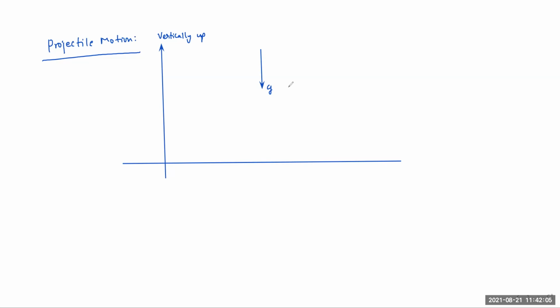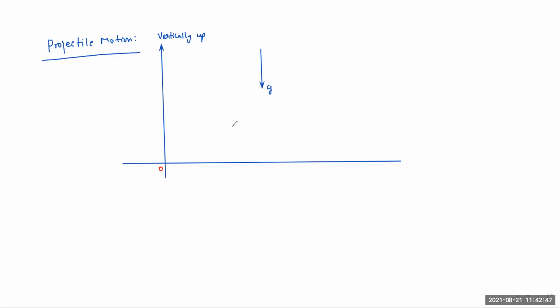If that condition is met, then the path described by the particle we call a parabolic path. The particle itself is called projectile, and the motion thus described is called projectile motion. The path is actually called trajectory. So the rule for projectile motion is that one must throw any object which is not parallel with g.